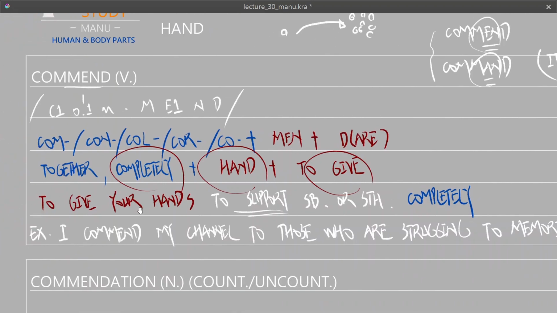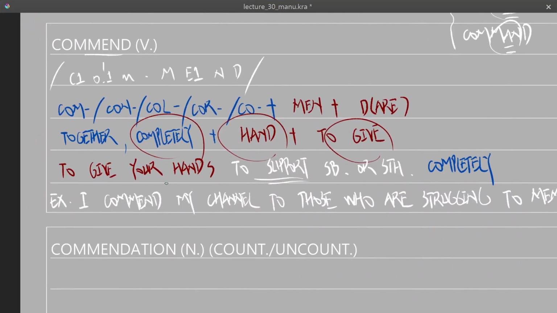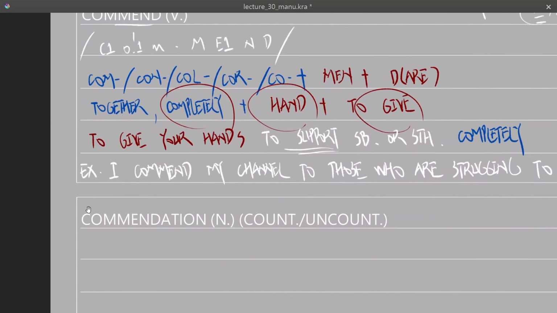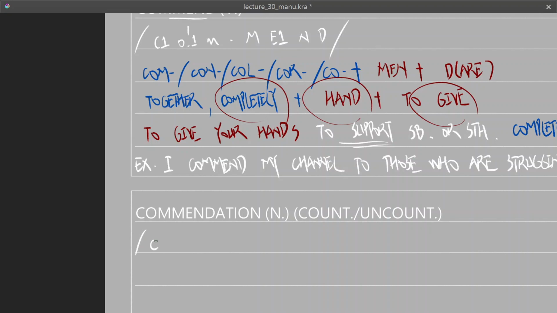Alright, so next we have commendation. Commendation. Again, it's the first schwa sound, the first lazy vowel sound, and again we have the first lazy vowel sound, the first schwa sound. Commendation.